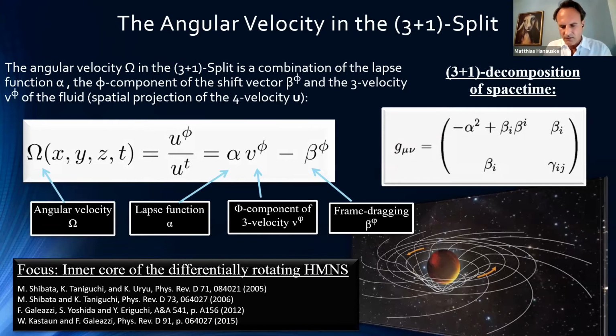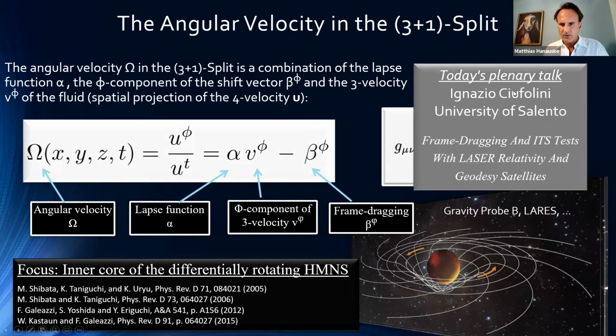One has to understand the differential rotation curves inside the hypermassive neutron star. When you look at the 3+1 decomposition and how the angular velocity is written there, it's a lapse function times the phi component of the velocity of the particles, but minus this frame dragging component, which we also saw today in the planetary talk, that with respect to the Earth there is a frame dragging.